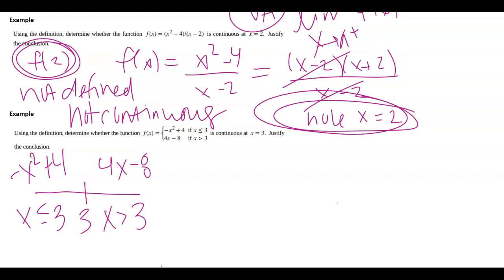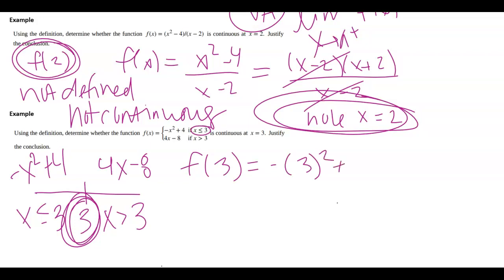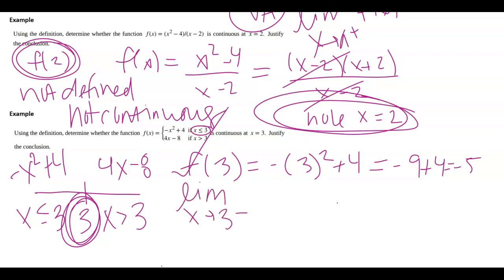Remember, the limit needs to exist at x equals 3 in order for this function to be continuous. F of 3 does exist. We plug into our top one here, because that's where it's defined. I get negative 9 plus 4, so I get negative 5. So step 1, done. The limit as x goes to 3 from the left is also going to be negative 5, because that's the function I'm looking at.